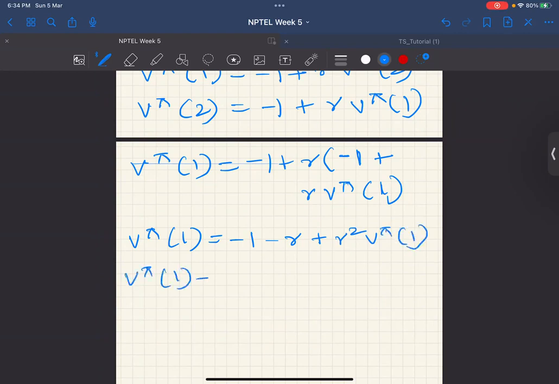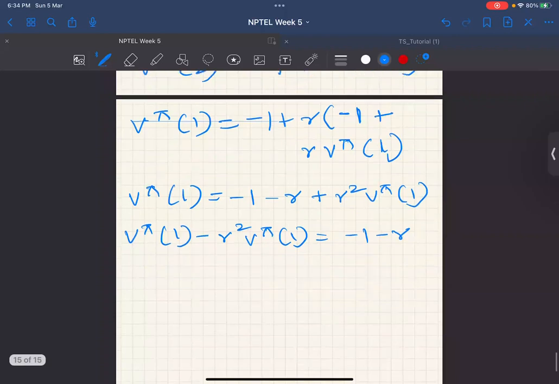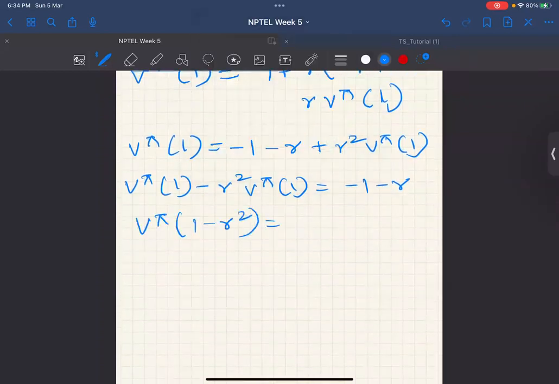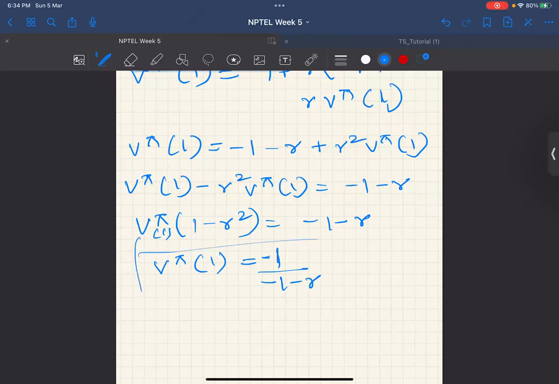Taking it to the left hand side, we'll get -1 over 1 minus gamma square.